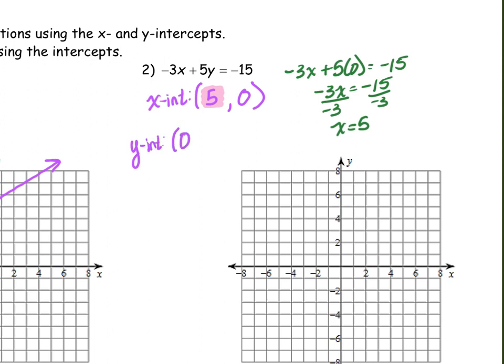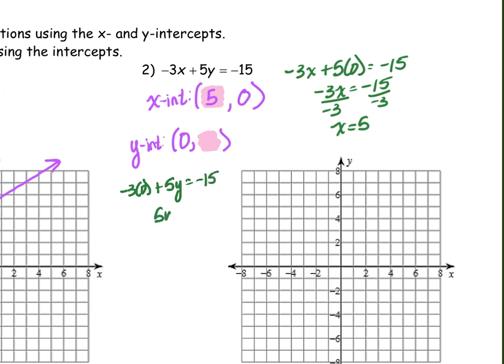So that means x is 0, and I need to find my y value right here, whatever's going to go there. So x is going to be 0. So I'm going to do the same thing that I just got done doing, only instead of replacing the y, I'm going to replace the x. So I've got negative 3 times 0 plus 5 times y equals negative 15.